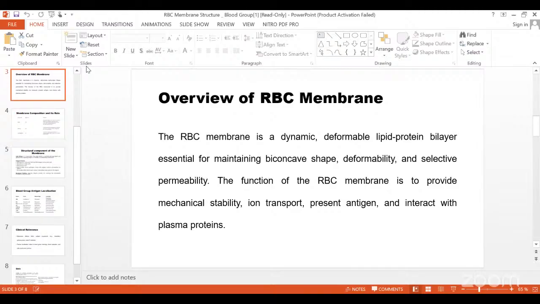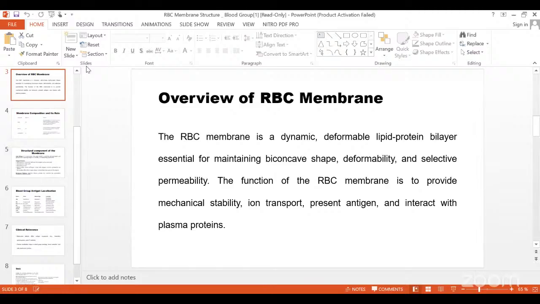The RBC membrane is a dynamic, deformable lipid-protein bilayer. It's a combination of both lipid and protein, and that forms the biconcave shape that the red blood cell has. The lipid-protein layer gives the membrane deformability and selective permeability.